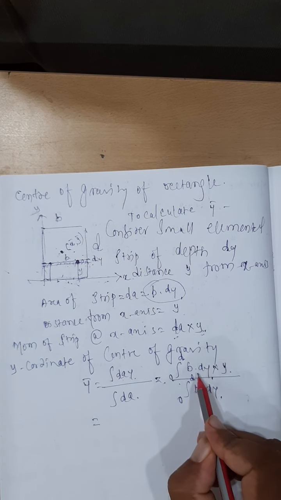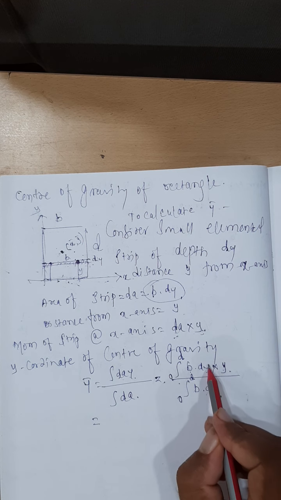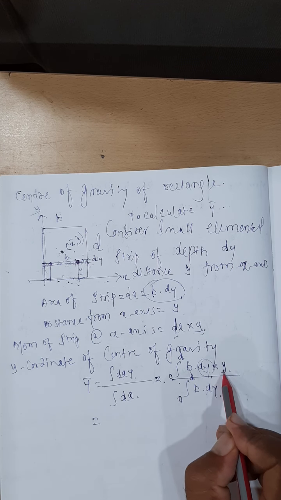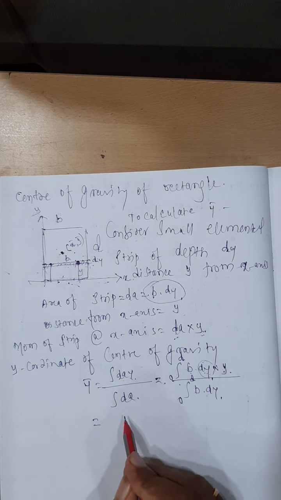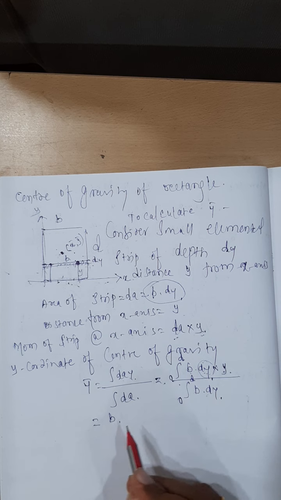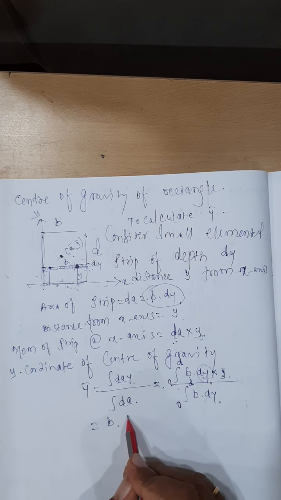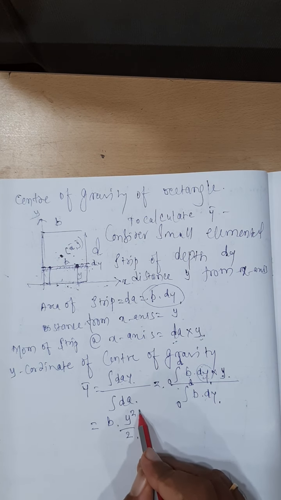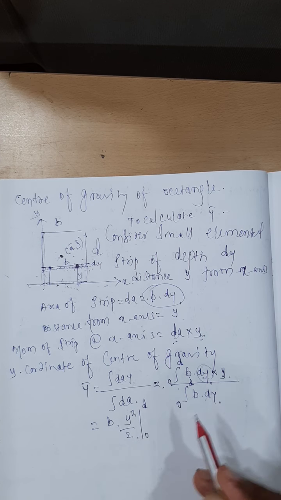That is equal to b into dy into y. Here the variable is y. Integrating y with respect to y gives y square by 2. b is constant, you take it outside. So the integral of dA into y is b into y square divided by 2, with limits 0 to d.